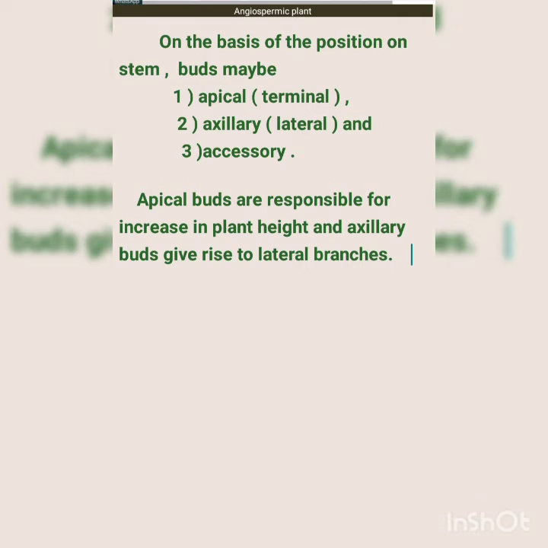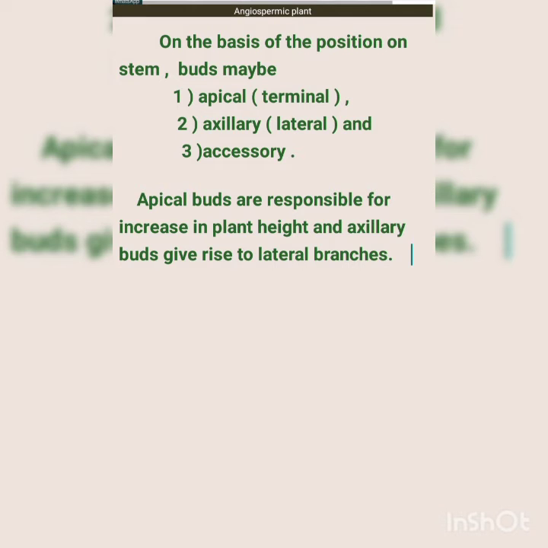Apical buds are responsible for increase in plant height, and axillary buds give rise to lateral branches. The accessory buds develop on the side or above the axillary bud. They usually give rise to stem modification.